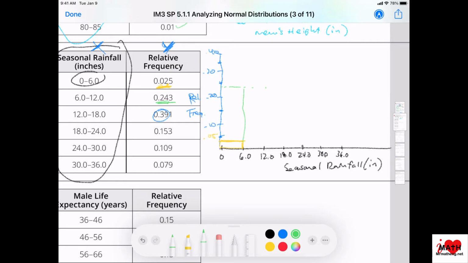And I'm using those dotted lines as reference to figure out how high that is. 0.391. Okay, and then the next one, 15.